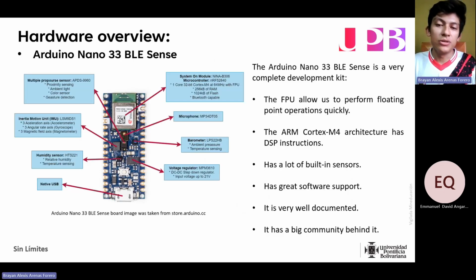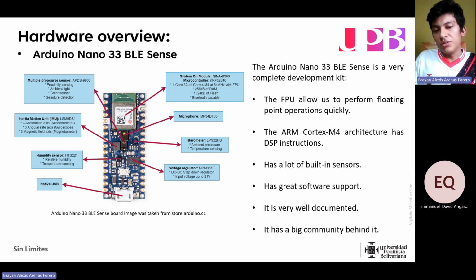In this slide, I'm going to show you the Arduino Nano BLE. The board is compact and powerful, ideal for machine learning projects and applications. This board is important for the project due to the variety of built-in sensors it has, which makes it extremely versatile for a wide range of applications.